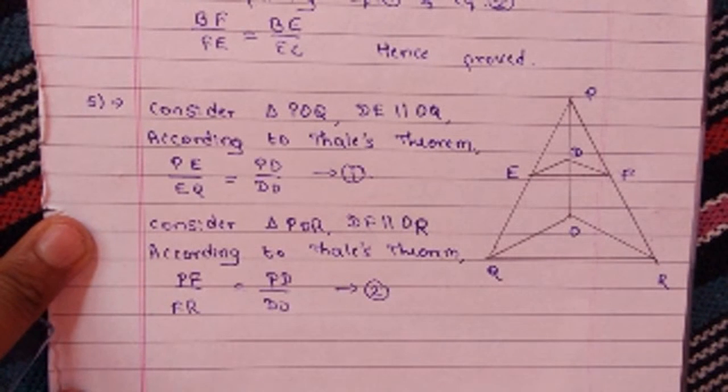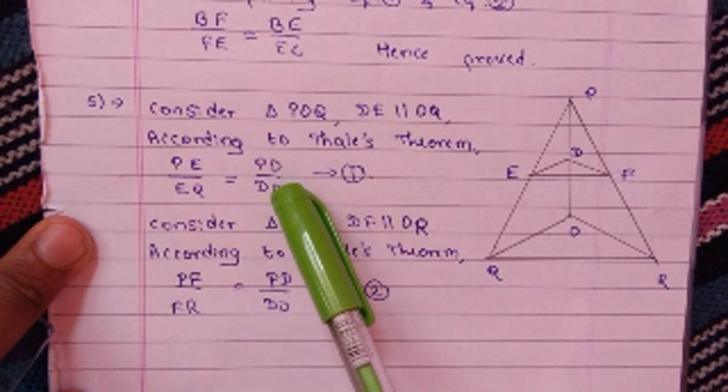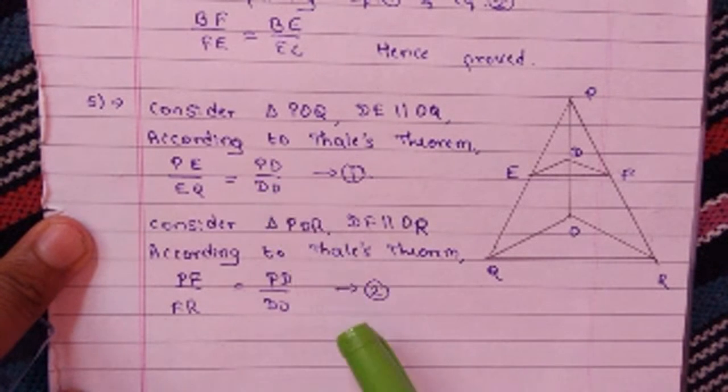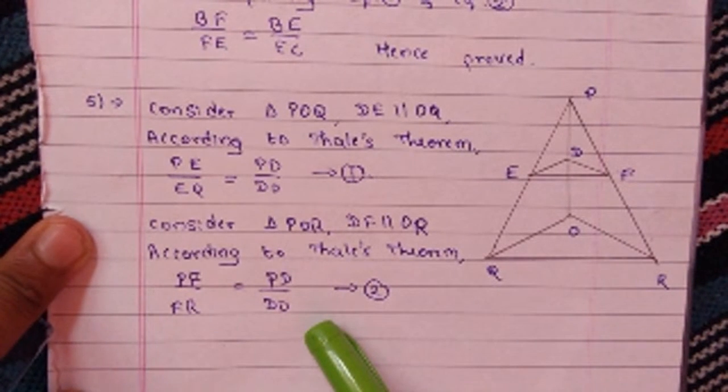Now next step is we have to see the equation. The right hand side of the first equation is PD divided by DO, and the right hand side of the second equation is PD divided by DO. So that's why the left hand sides of the equations are the same.